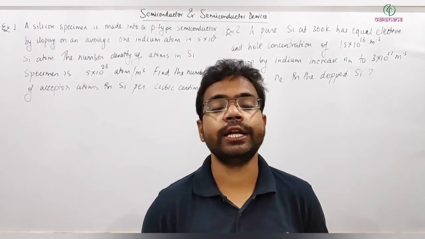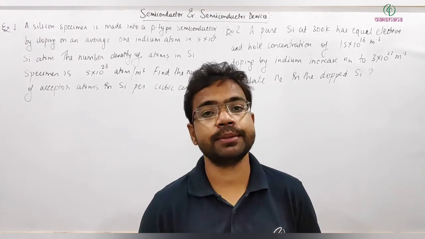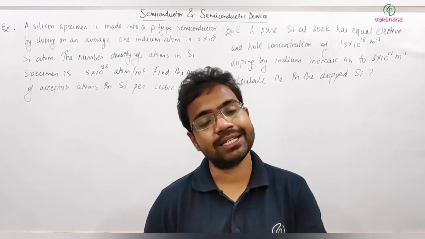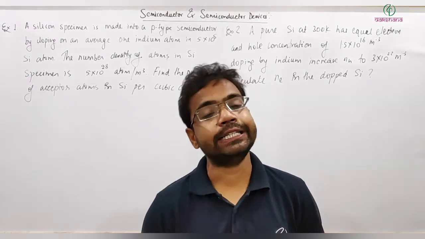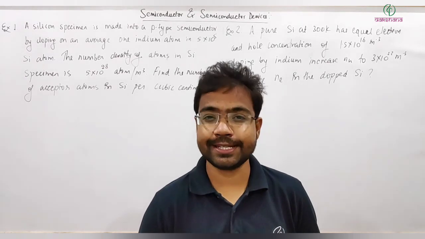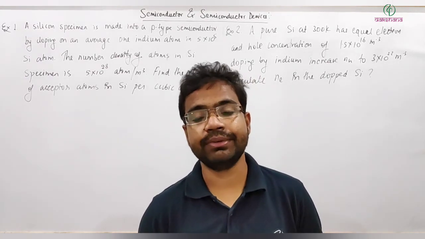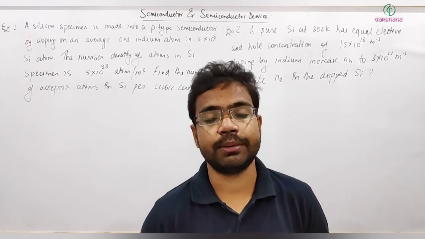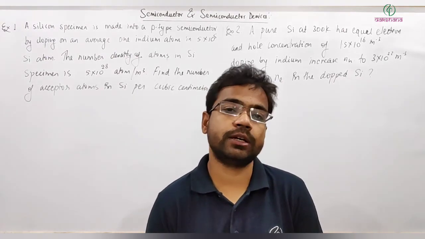Similarly, in a pure intrinsic semiconductor, if we are adding n-type, meaning pentavalent impurities, then one excess electron will stay there, and that can jump easily into the conduction band, and that way it increases the conductivity of the extrinsic semiconductor. Here we call the impurity added a donor impurity, and the semiconductor thus formed is termed n-type semiconductor. So this is all we studied up to the last class.